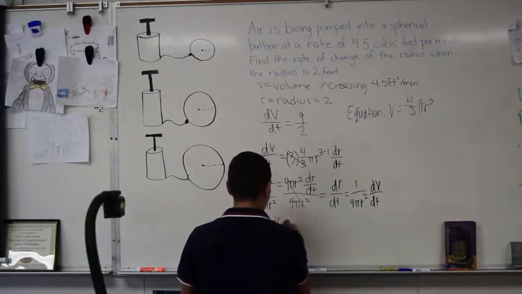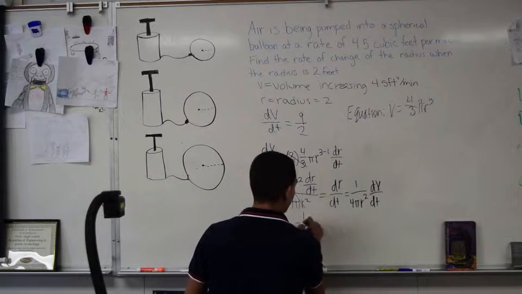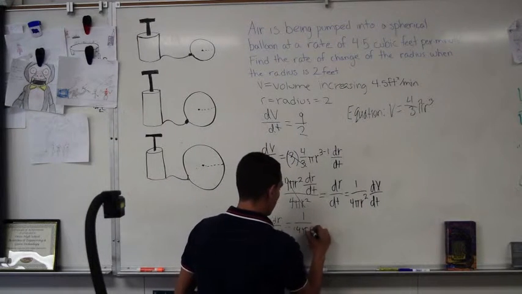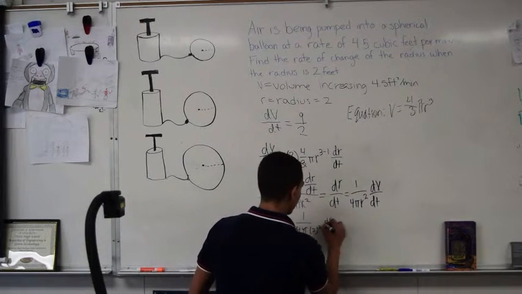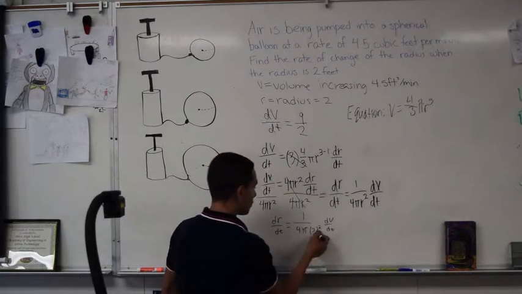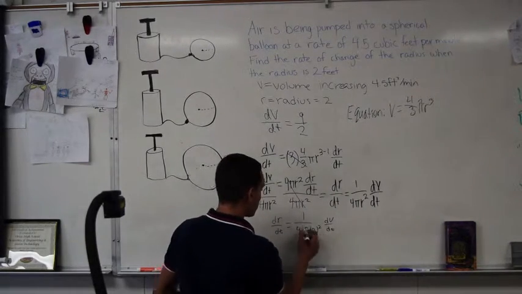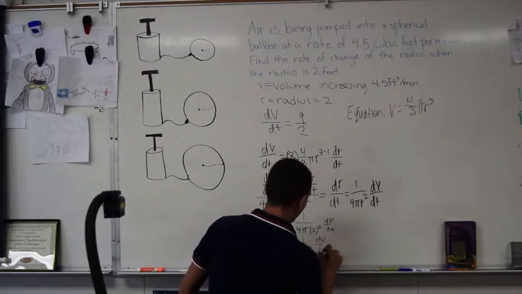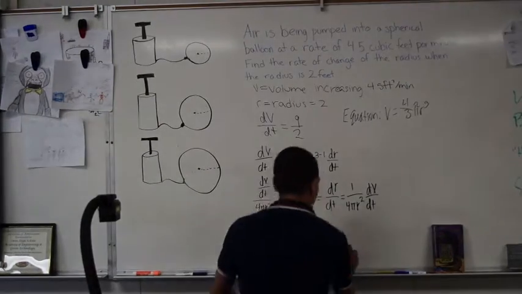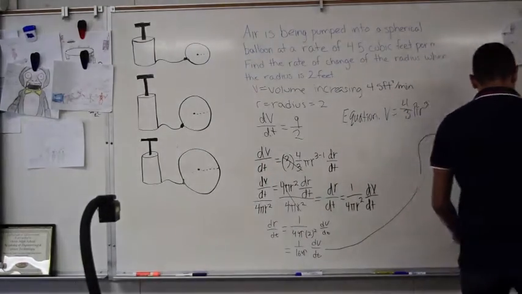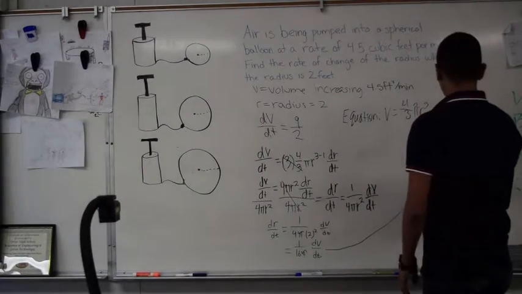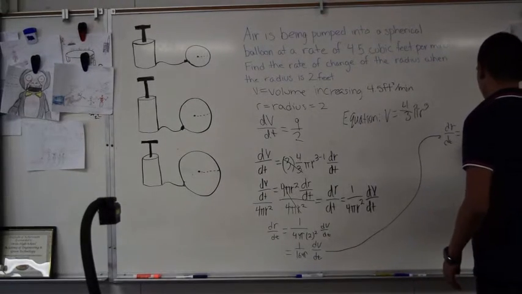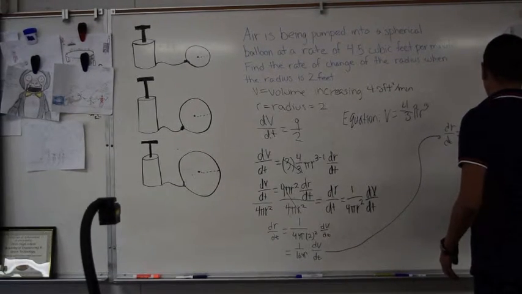So when we substitute it in, we're going to multiply it to the 4. Which 2 squared is 4, so once we multiply it to 4, it will be 1 over 16 pi dV over dt. So now our dr over dt is 1 over 16 pi dV over dt.